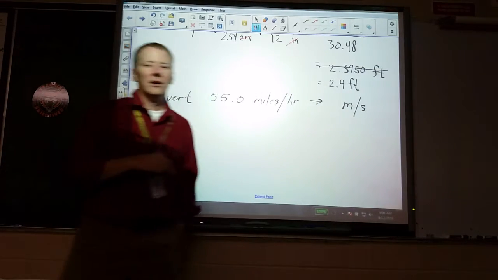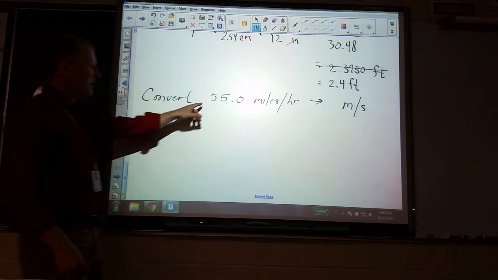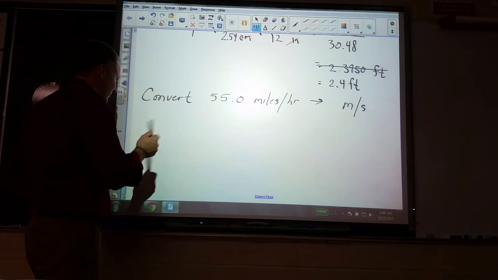Meters per second is the most common set of units that we'll use to measure speed in physics. But we don't have a good feel for what a meter per second is, so sometimes it's really instructive to convert back into miles per hour.